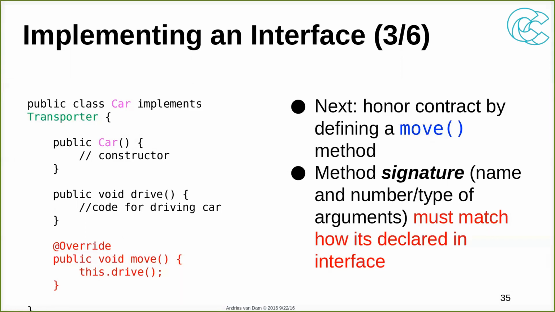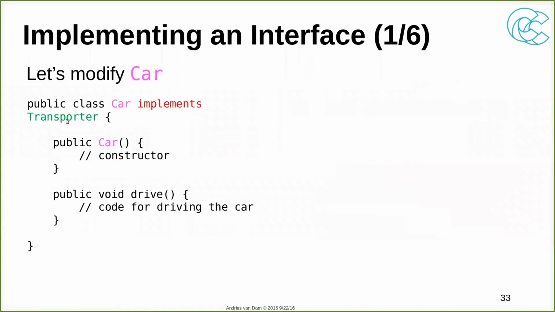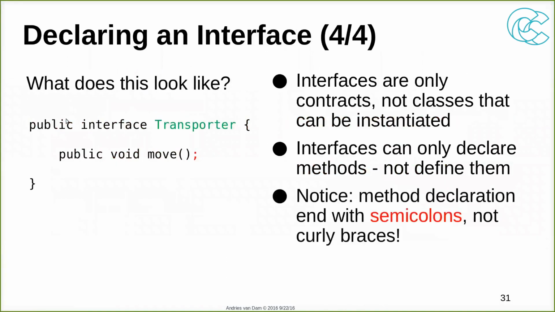And the syntax is pretty straightforward. You have to use the keyword called interface, and the usual visibility modifier, right? If it's public, then it's visible outside to everyone. And if it's private, then, let's say you define it within a class, only that class can see it.